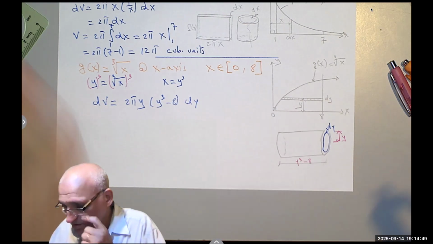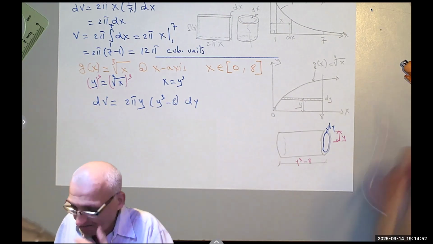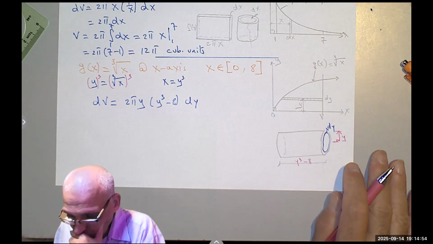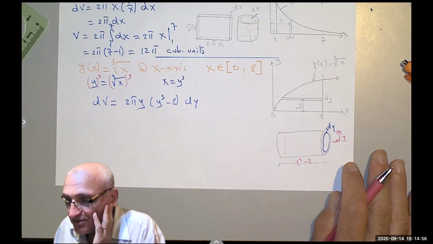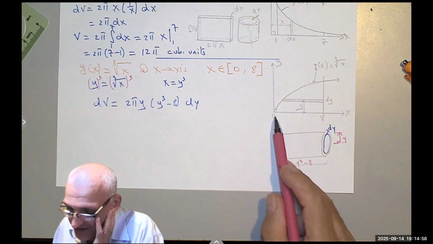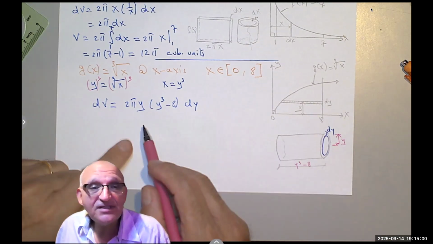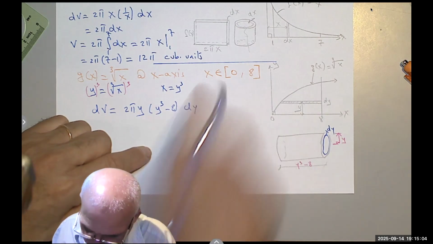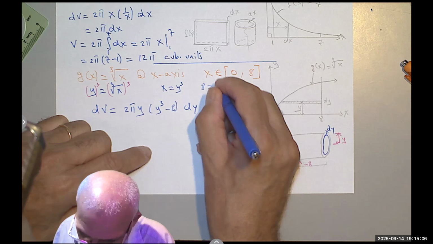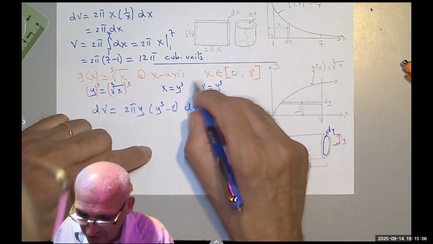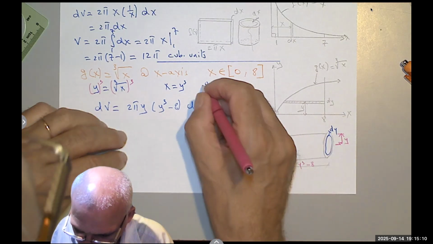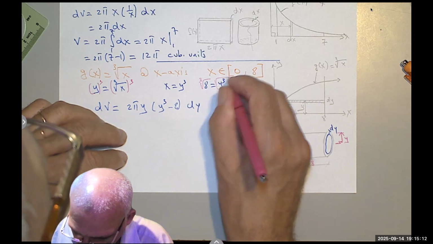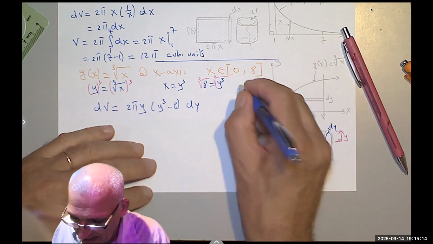You don't have to leave anything, right? But if I'm integrating, if x goes from 0 to 8, and I'm integrating with respect to y, if x is 8, then you take the cube root, the opposite of what we did here, and that gives you y equals 2.